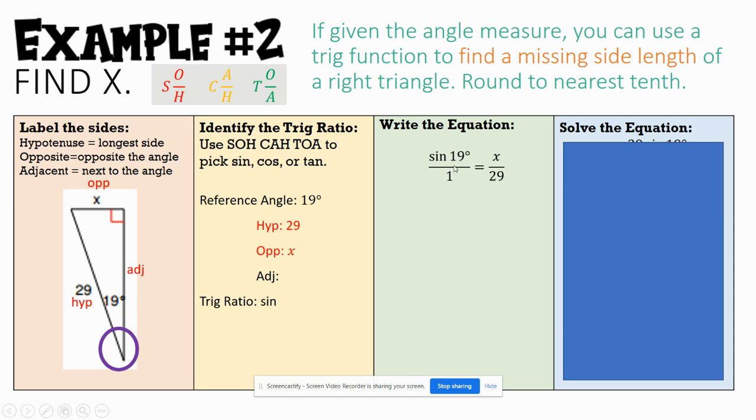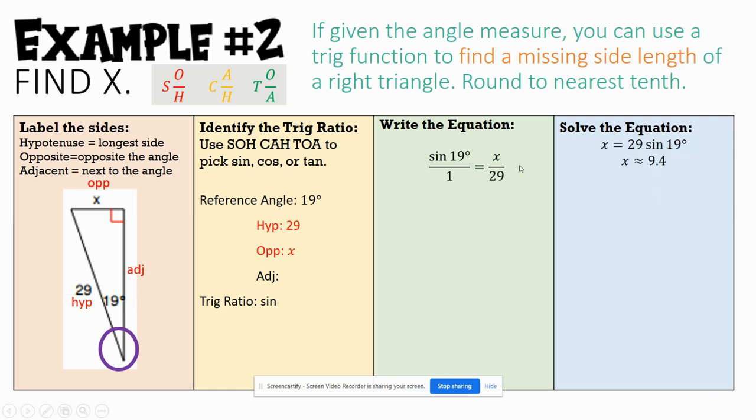Again, if you want to put this over 1, you can. You're going to solve it using your cross product property. So you're going to multiply across x times 1, and then you're going to multiply across here. So 29 times the sine of 19. Let's see what you get. And you should get about 9.4.